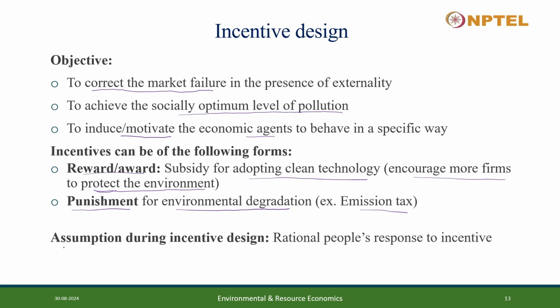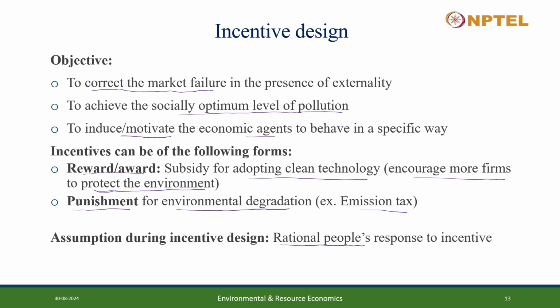So, the initial assumption of incentive design is the rational people's response to incentive. That is, rational people will be selfish, so they will try to maximize their profit. So, if I have to give the emission tax, then I will optimize my level of production so as to maximize my own profit.